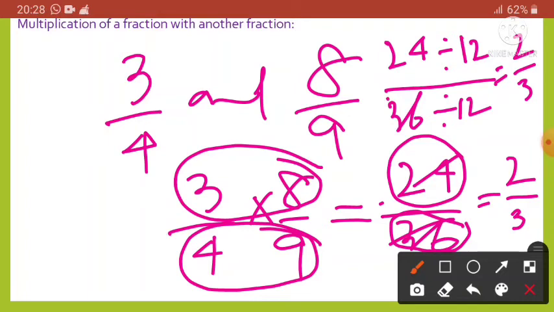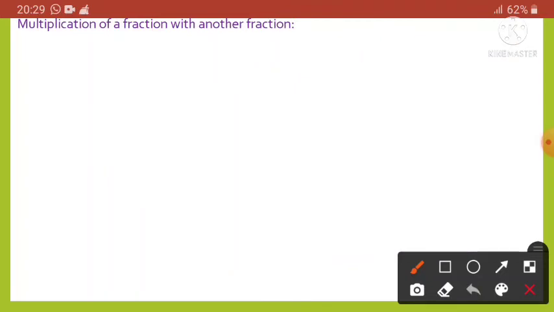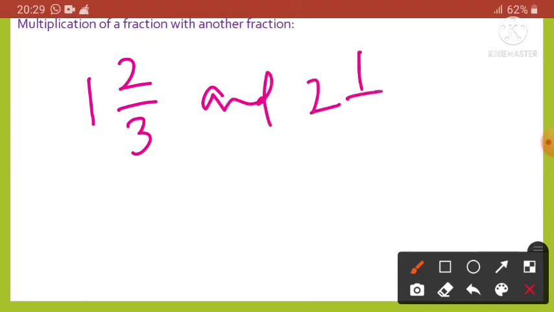Now a mixed number can also be multiplied with a fraction. First we have to convert the mixed fraction into fraction form. This fraction can then be multiplied with the given fraction in the same way as we have done in this example. Suppose we take 1 into 2 by 3 and 2 into 1 by 3.